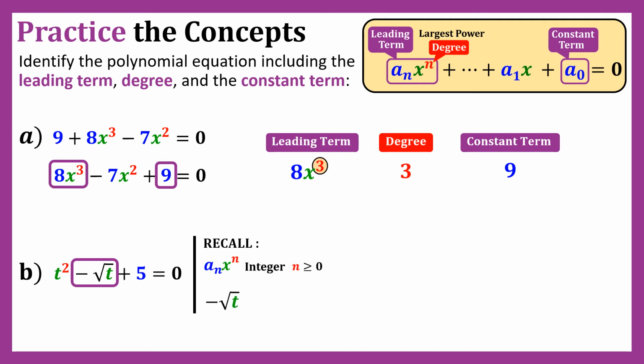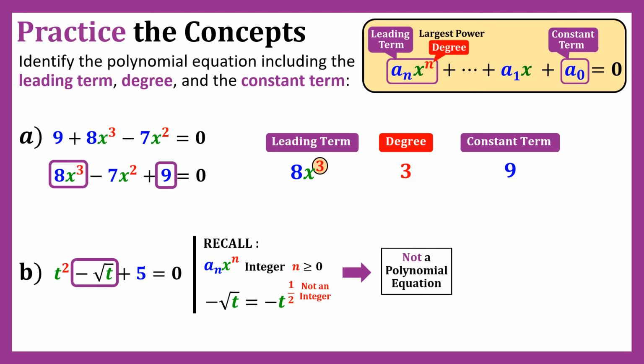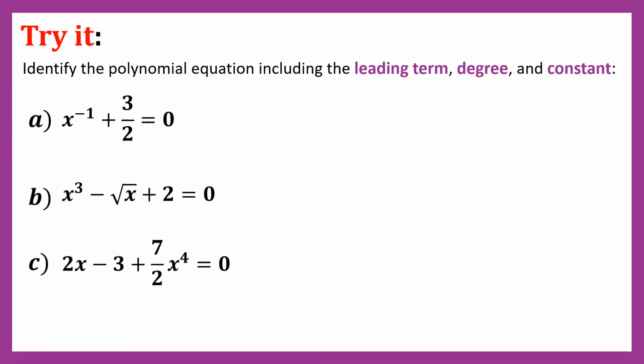We can write the square root of t as t to the power of 1/2. Since 1/2 is not an integer, our second equation is not a polynomial equation. Now try this problem on your own. Identify the polynomial equation, including the leading term, the degree, and the constant term.